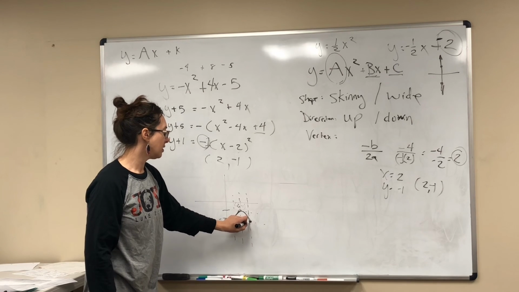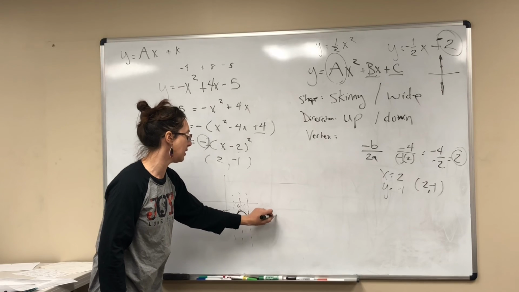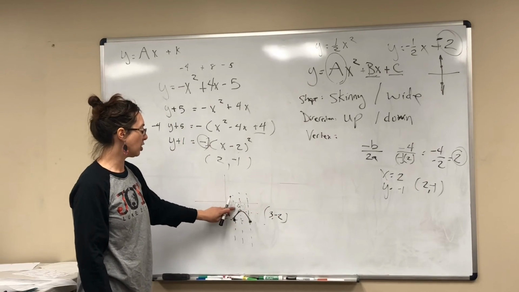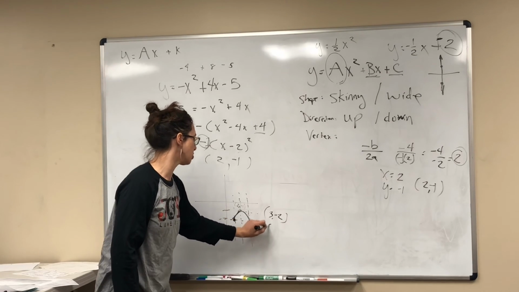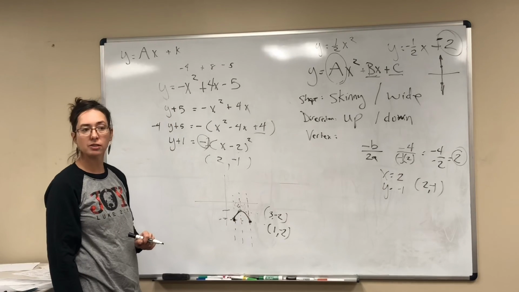So a point that would solve this would be 3, negative 2. Correct? And I could go back 1 and down 1, and also 1, negative 2 should also be solutions.